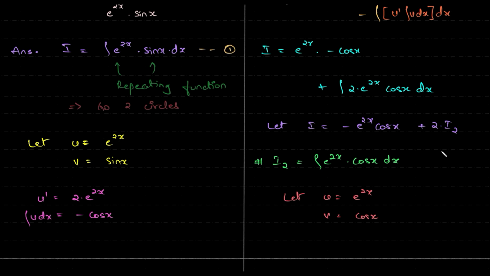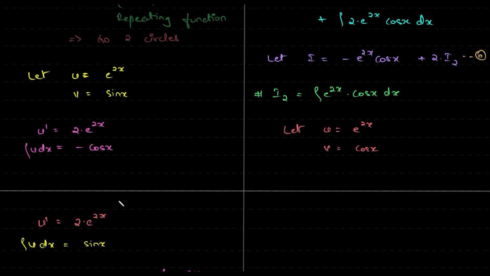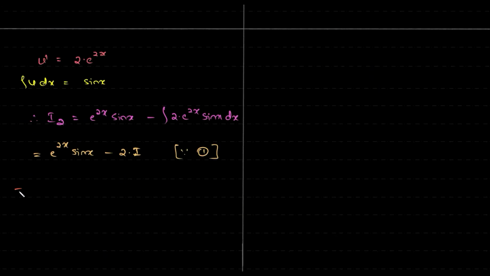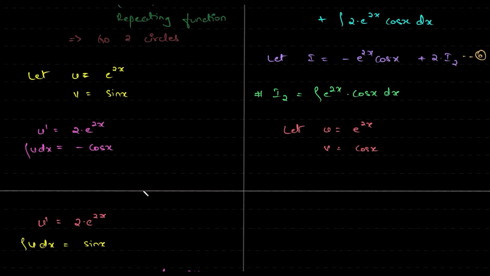Okay, so if I substitute it back, I is equal to minus e to the power of 2x cos x. Okay, so you have to be careful when we are copying.